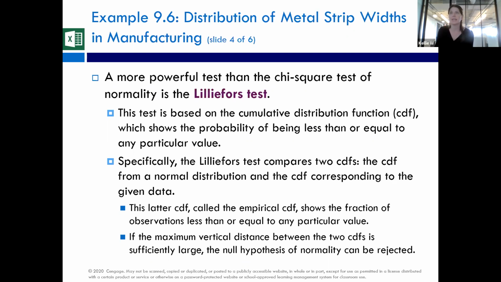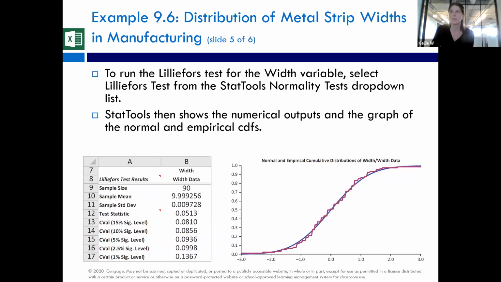We're trying to see whether there's a fraction of observations that are less than or equal to any particular value. When we look at this, you'll see what this means. But if there's a large vertical distance between the two CDFs, then we would reject the hypothesis of normality.